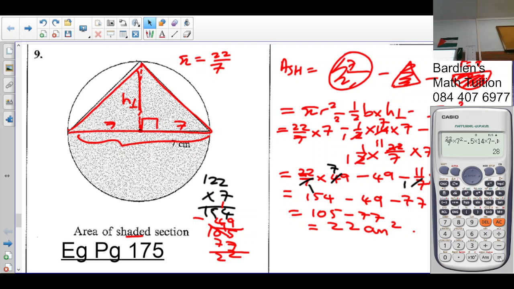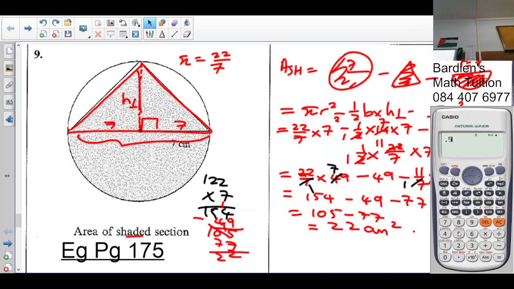Here's my mistake. So it's 22 over 7 times 7 squared, 154, that is right.